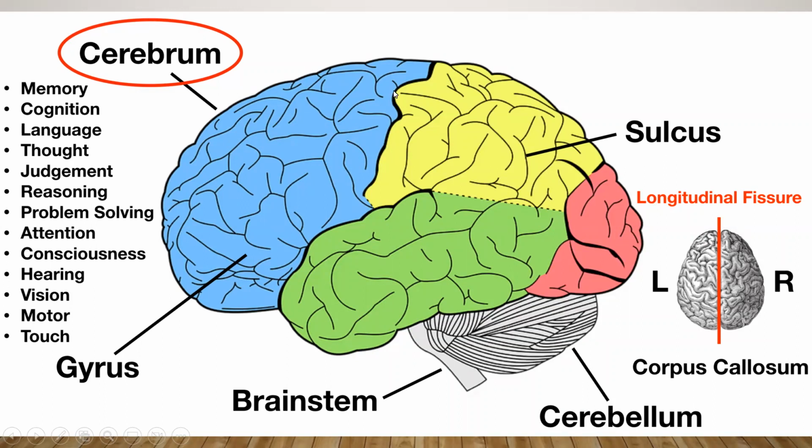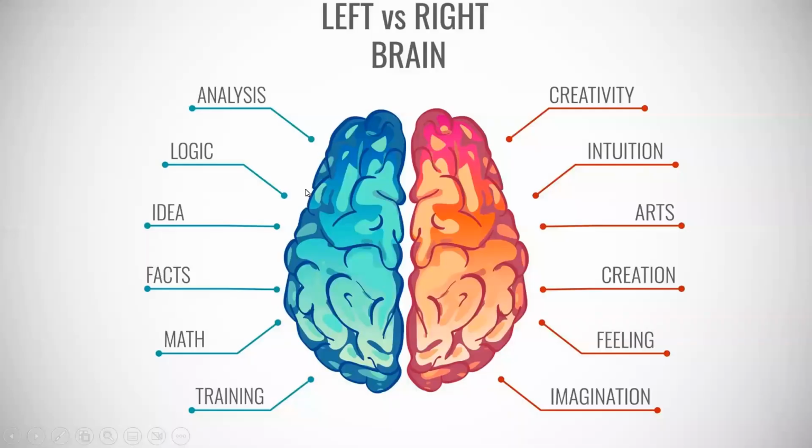The cerebrum is sectioned into two hemispheres by a longitudinal fissure, with the corpus callosum connecting them. This separates the left brain and the right brain, which we've heard of before, where the left brain is more analytical and logical and rigid, and the right brain is more flowy and creative and imaginative.